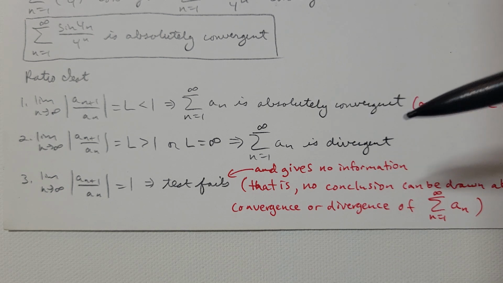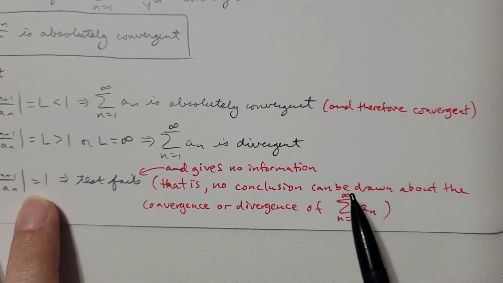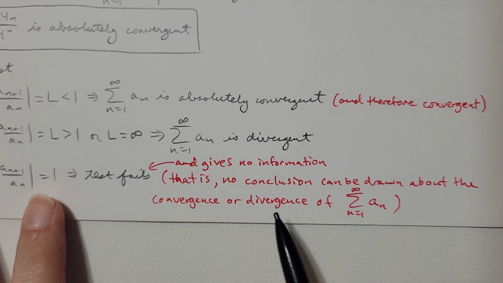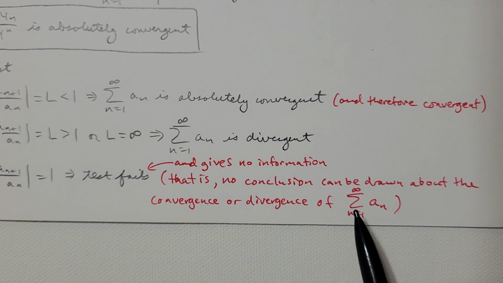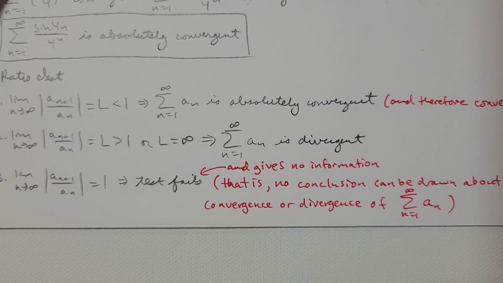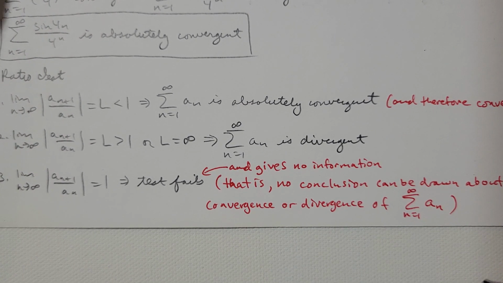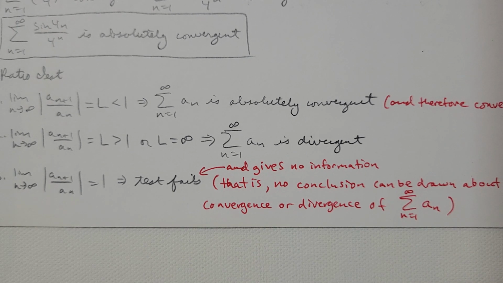Really, the test gives no information. That is, no conclusion can be drawn about the convergence or divergence of the summation of a sub n, and so we have to find out, using a different test, whether the series converges or diverges.